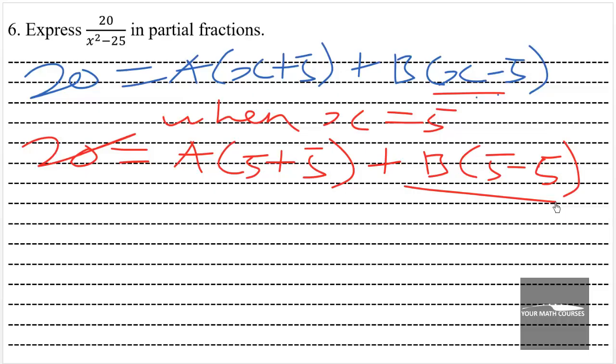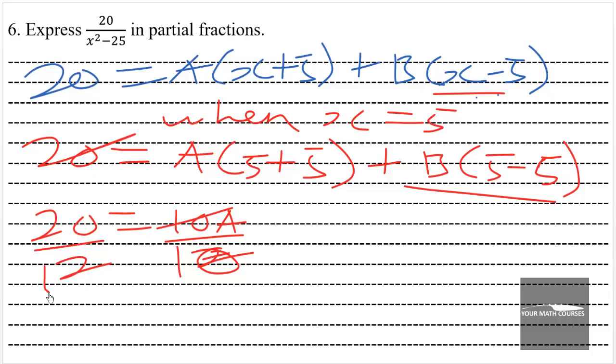But this will give us 0. So we get 20 is equal to 10a. So a is equal to 20 divided by 10, which is 2. So the value of a is 2.